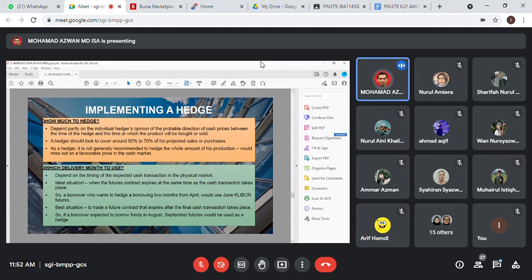Kalau you nak jual your share in December, so you have to trade December FLI. When you want to buy or sell your underlying asset, for example, if you plan to buy your CPO in the cash market in December, you have to trade December CPO, so the month of the futures matches the month of the actual transaction. Faham tak?